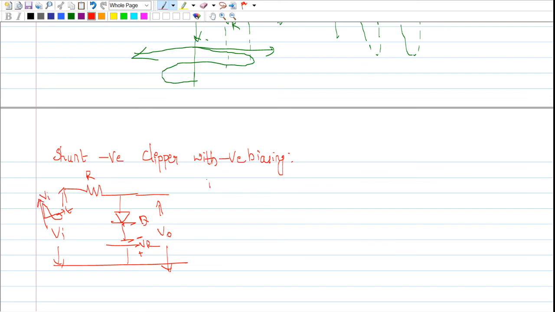The first condition is Vi less than VR. Here, for the negative clipper, the diode is in reverse.